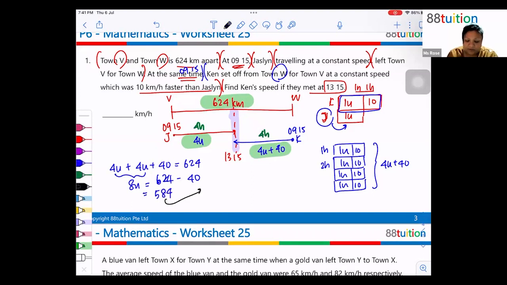So to find 1 unit will be 584 divided by 8 to give me 73. So from here, I know that 1 unit is 73. Am I right?